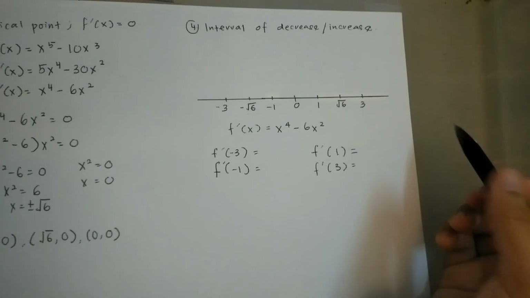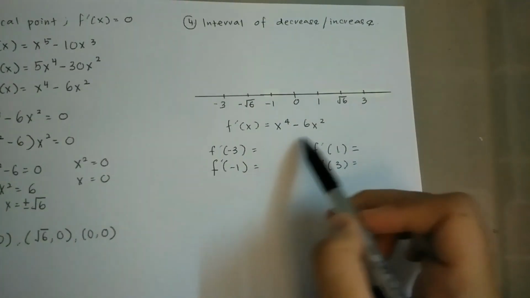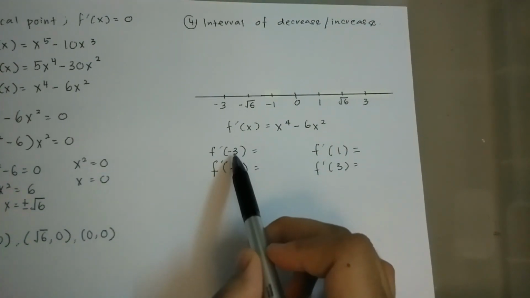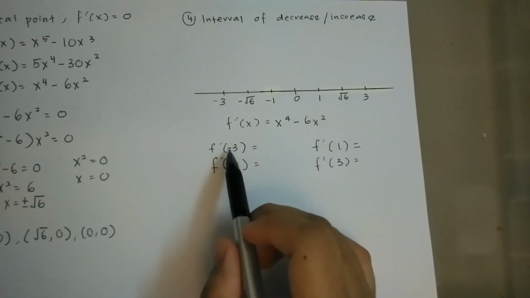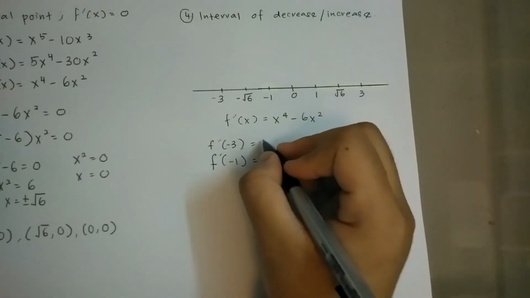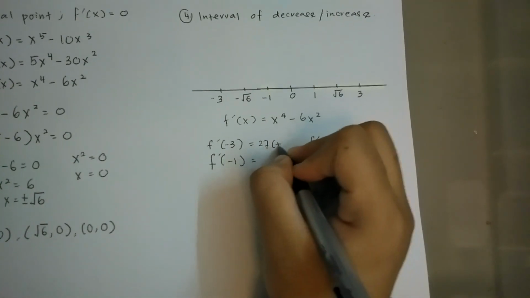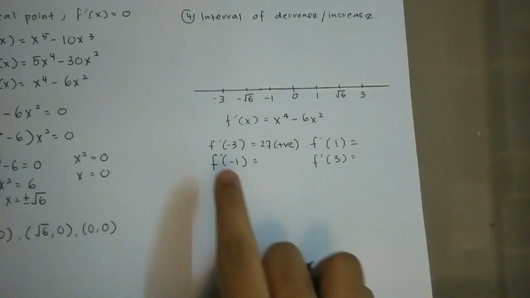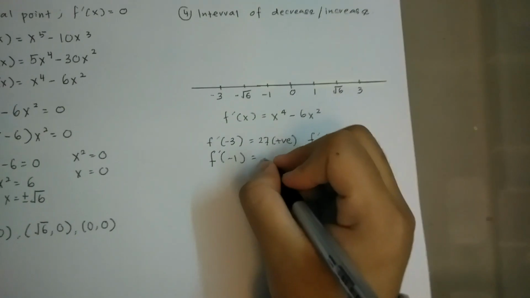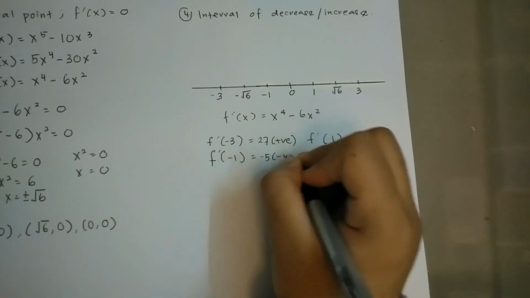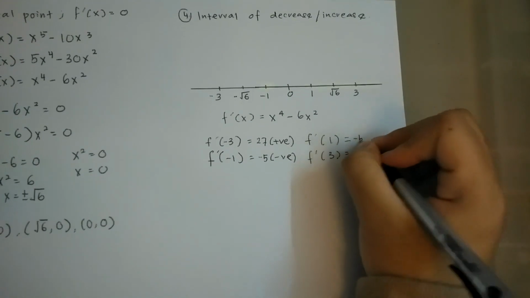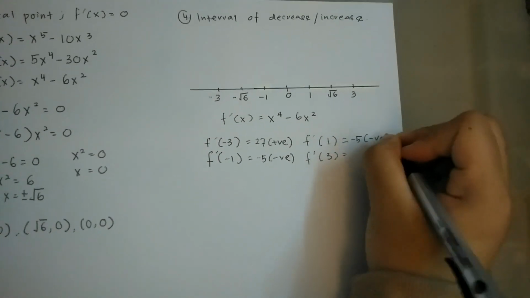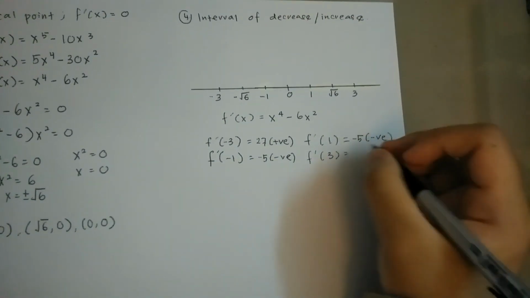So we insert the equation into the calculator and substitute the given values. So when we substitute negative 3, we will get 27. So it is positive. When we substitute negative 1, we will get negative 5. So it is negative. And when we substitute 1, we got negative also. And when we substitute 3, we got positive.